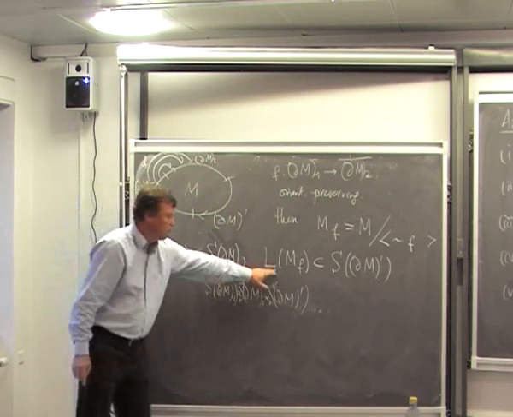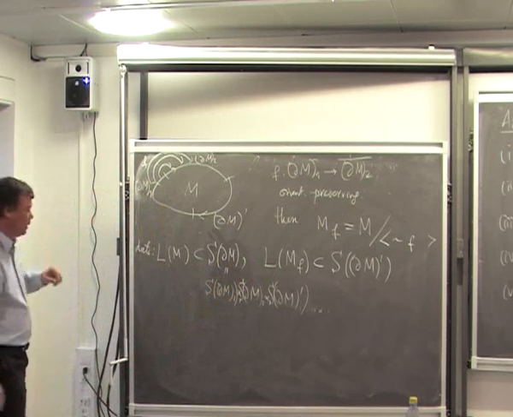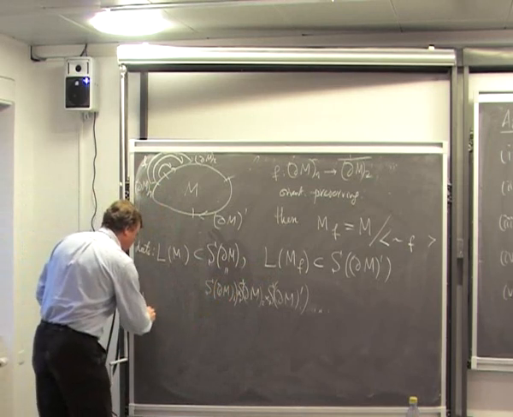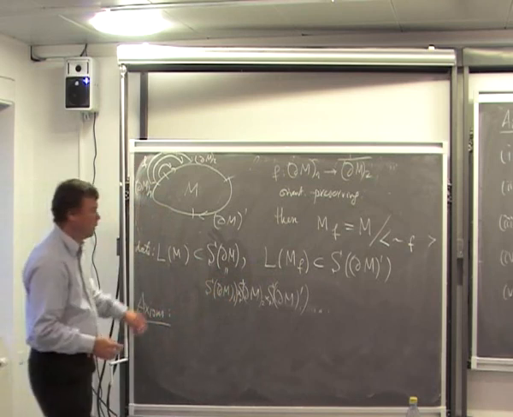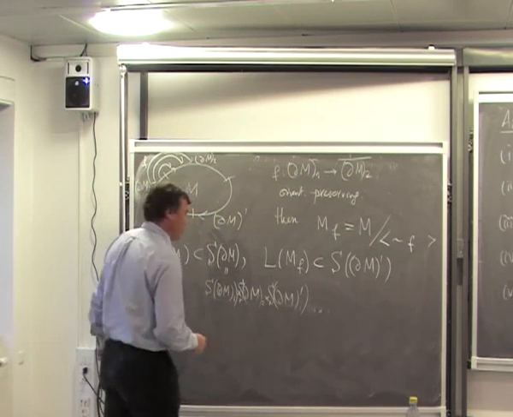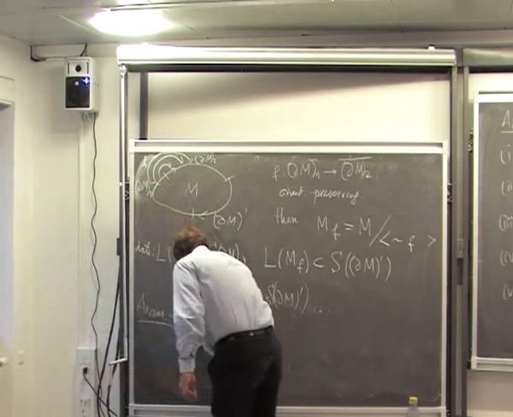We have two Lagrangian submanifolds. And then the axiom is how they are related with respect to this gluing. They should be related in the following way.